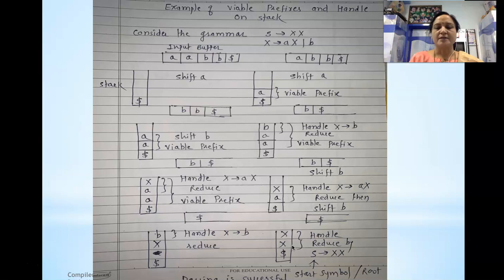Now in real practice in LR parsing we use a DFA, deterministic finite automata, to recognize these viable prefixes, and when it finds the handle at the top of the stack, it is reduced by the left hand side of the production. So this is how to find viable prefixes and handles on the stack, with an example.